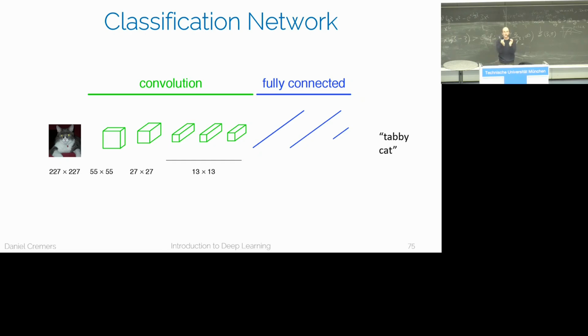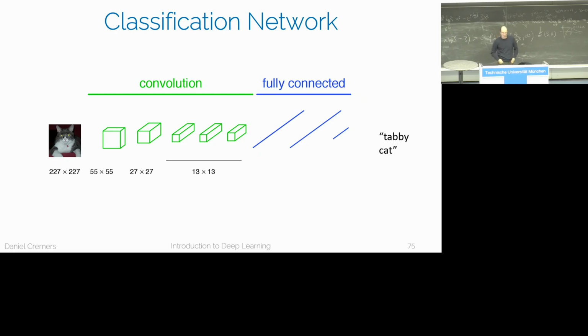You have a small filter kernel that you basically slide over the image and you apply the exact same filter everywhere. So you only have a handful of parameters for each convolutional kernel, right? Whereas the fully connected layers have tons of parameters. If the input is large, they need a lot of parameters.